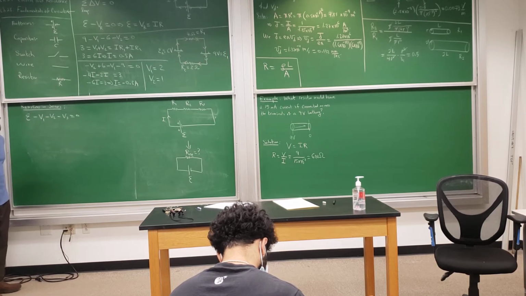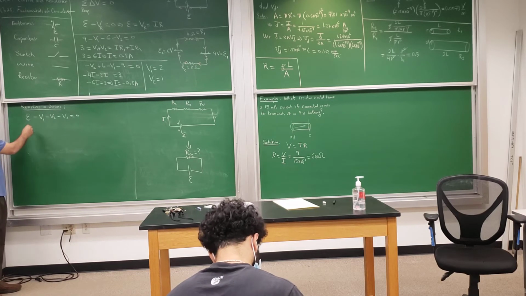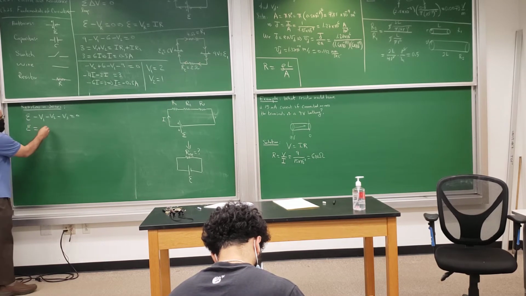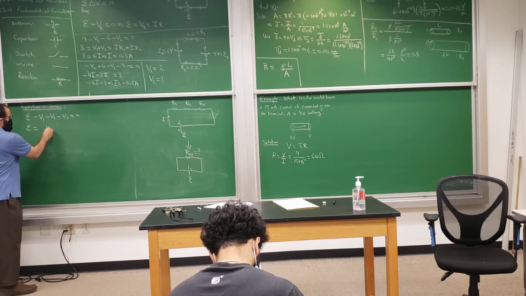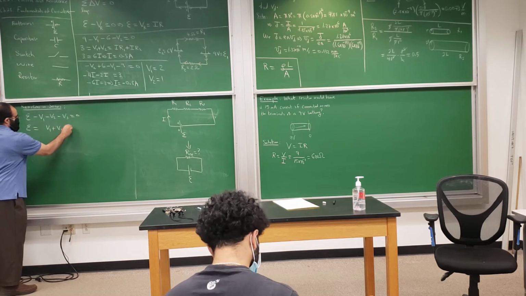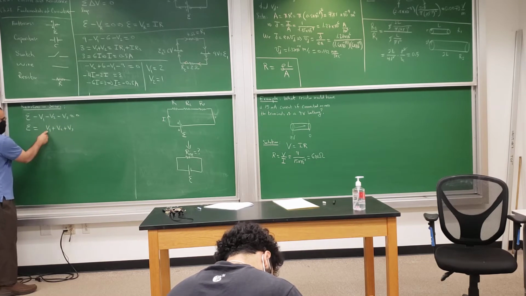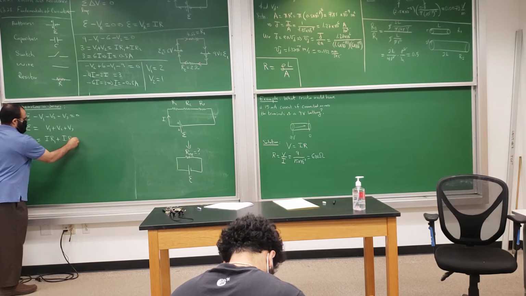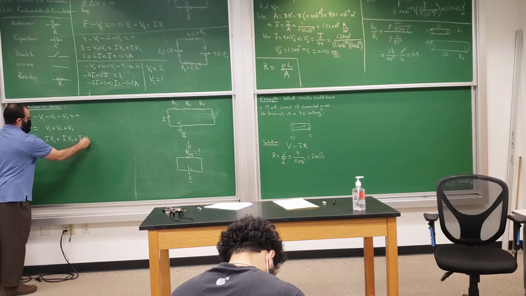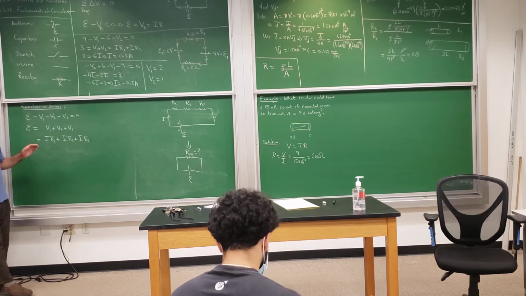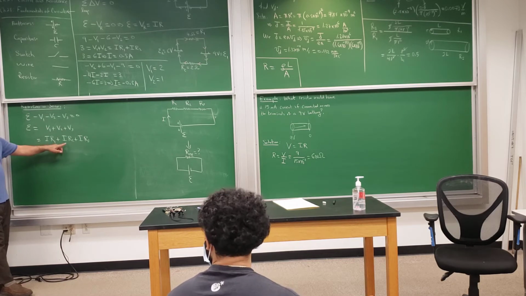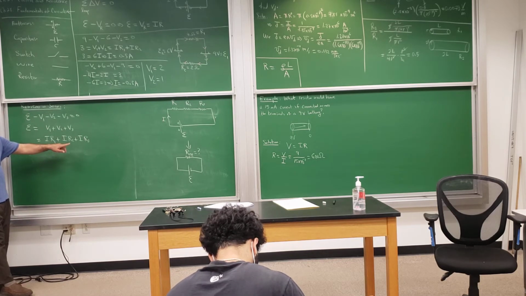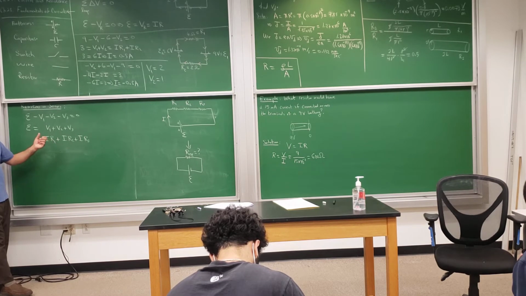This tells me that the EMF of the battery equals V1 plus V2 plus V3. But V1, according to Ohm's law, is I R1, V2 is I R2, and V3 is I R3. Again, in general, you would put I1 R1, I2 R2 plus I3 R3, but in this case, I1 is equal to I2 and it's equal to I3.